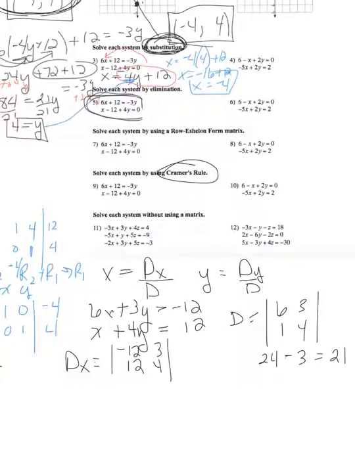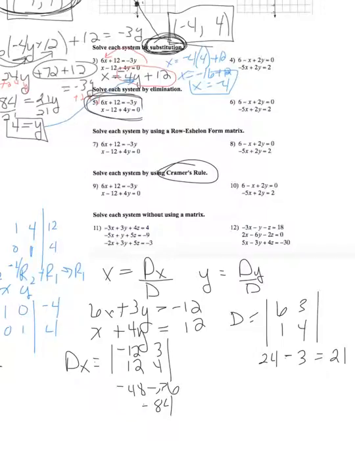And we find the determinant of that. So it's this diagonal minus this diagonal. So negative 12 times 4 is negative 48 minus 12 times 3. So negative 48 minus 36 is negative 84.